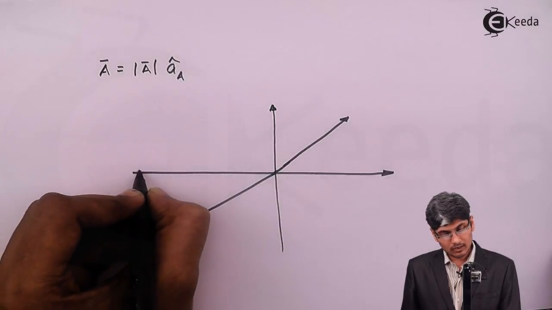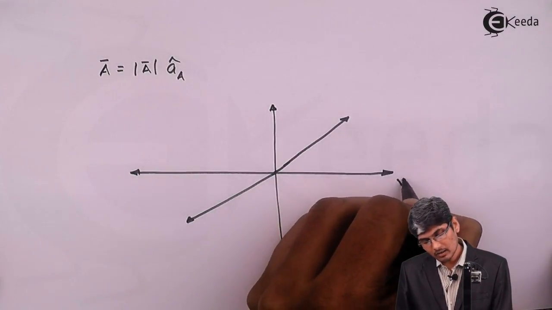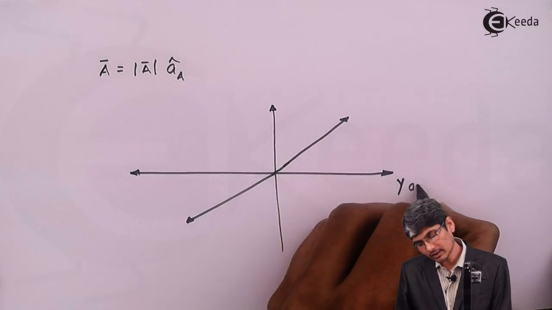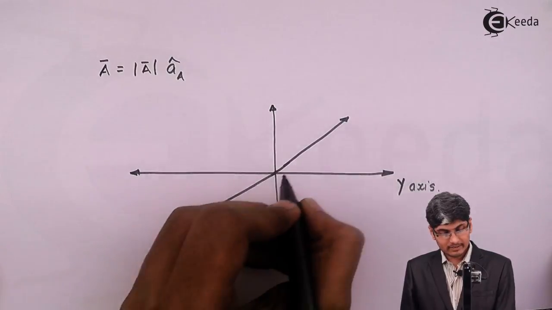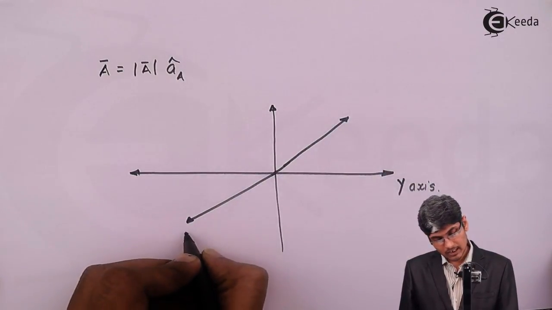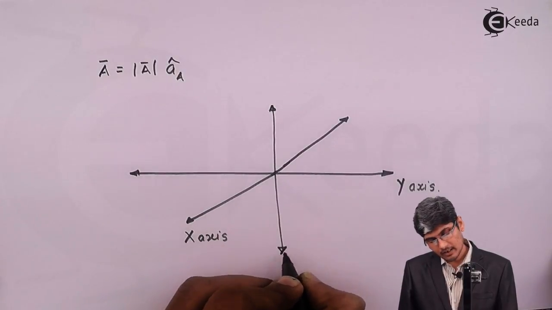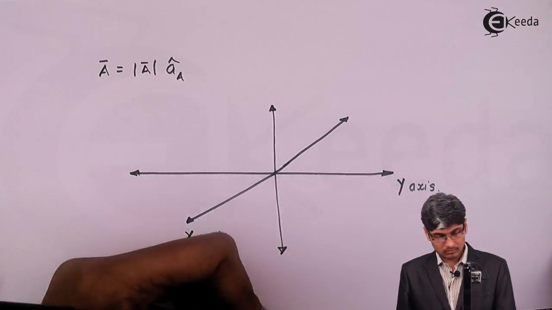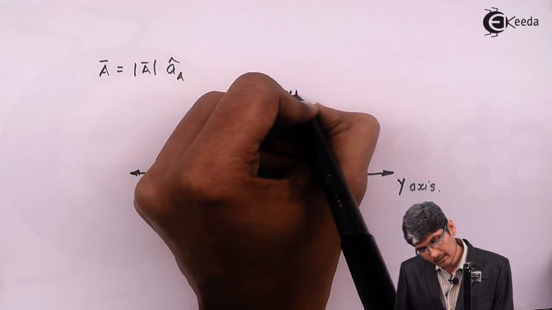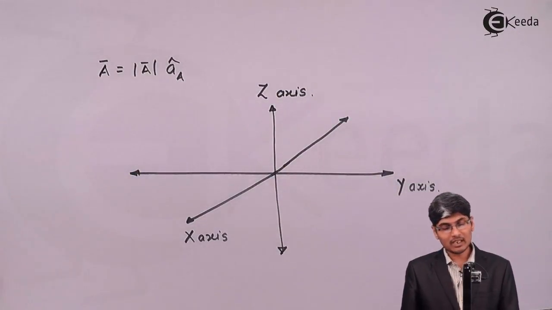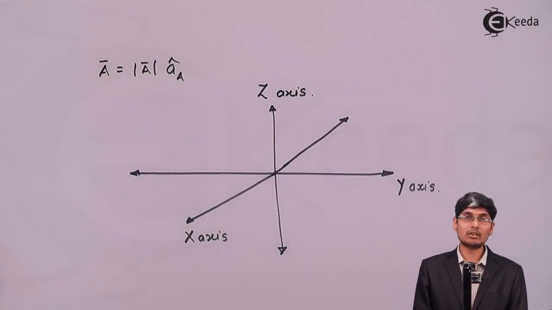The first line, which is horizontal, I call the y-axis. The line which is extending in and out of the paper, I call my x-axis. And the line which goes above and below on the paper is called the z-axis. So how many lines have we drawn? We have drawn three lines. All are perpendicular to each other.